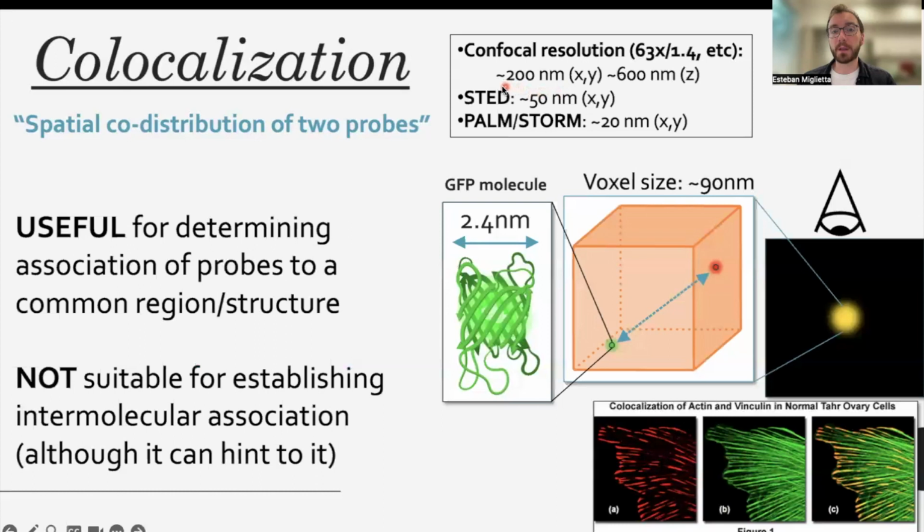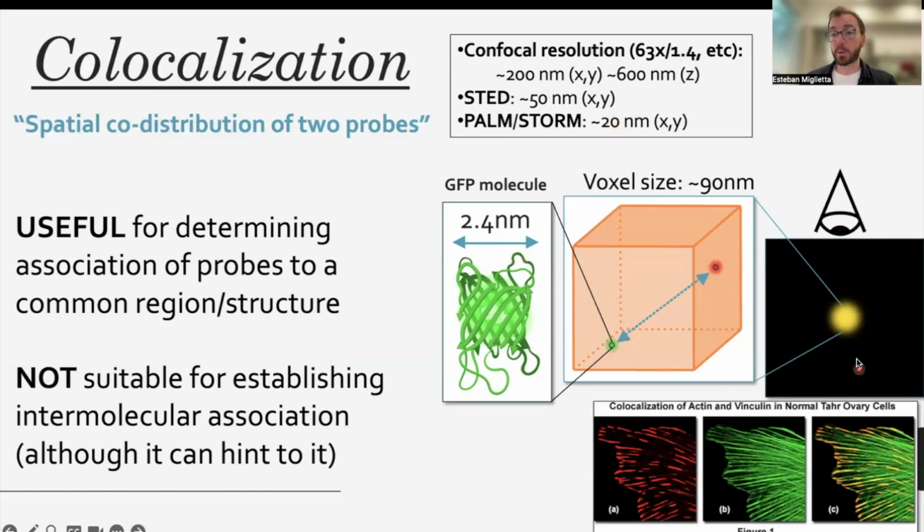If we are using more advanced super resolution technologies such as STED or PALM, STORM, we can get much lower than that, but still we are talking about the order of tens of nanometers. Meanwhile, the actual size of GFP, or of one generic fluorescent molecule, is in the order of just a few nanometers, or at least an order of magnitude below the resolution limit.